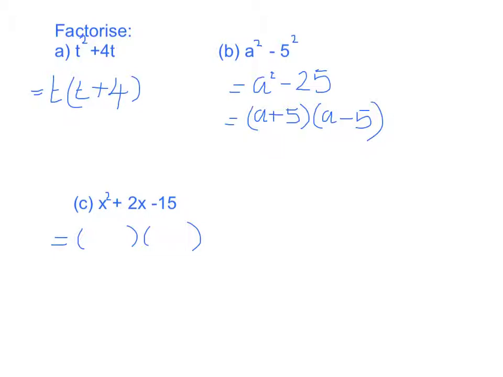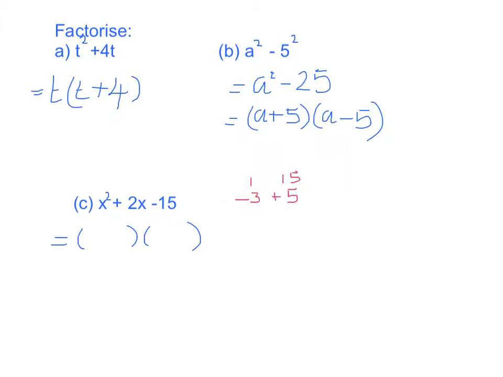So what I'm going to do at the side is I'm just going to write down my factors of 15. And I'm going to say which of those could give me 2, and I can see that it's the 3 and the 5. I need to have a positive 2, and I know that to get negative 15, one of these is going to be positive and one of them is going to be negative. And it's got to be this way round, and let's just double check.